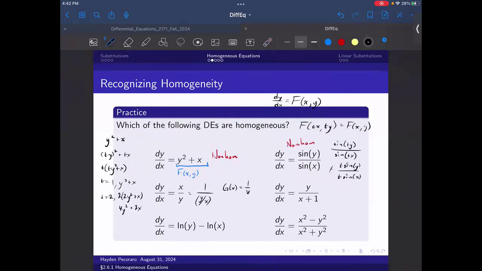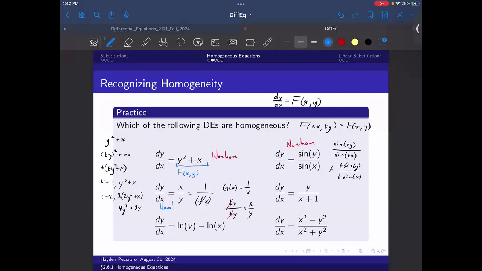And if we go through our substituting with t method, then we have t times x over t times y, and the t's clearly cancel out. So we end up with x over y again. Okay. So this one is, yes, homogeneous.